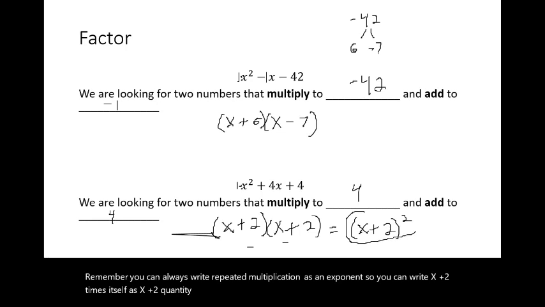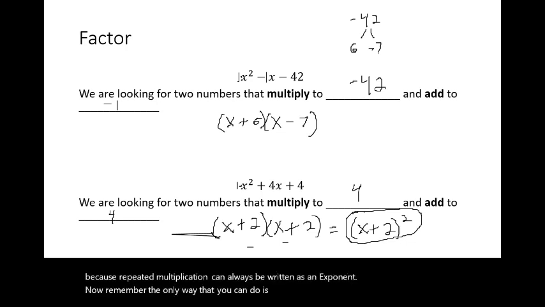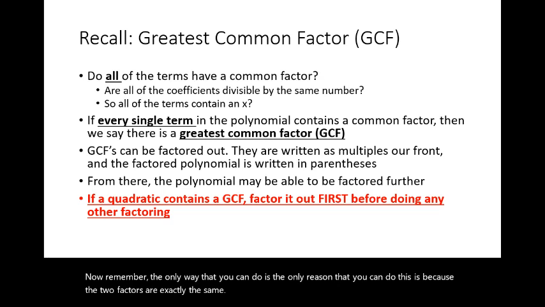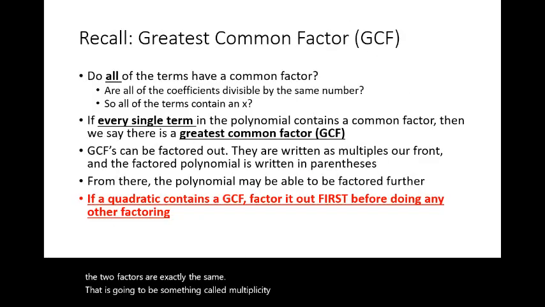And in fact, we're going to prefer you to write it this way because repeated multiplication can always be written as an exponent. Now remember, the only reason that you can do this is because the two factors are exactly the same. And that is going to be something called multiplicity, which we're going to get into a little bit later.